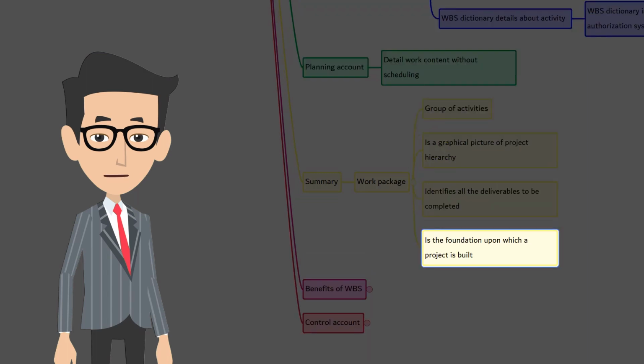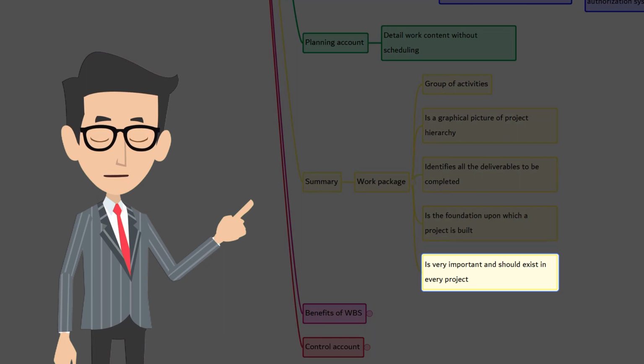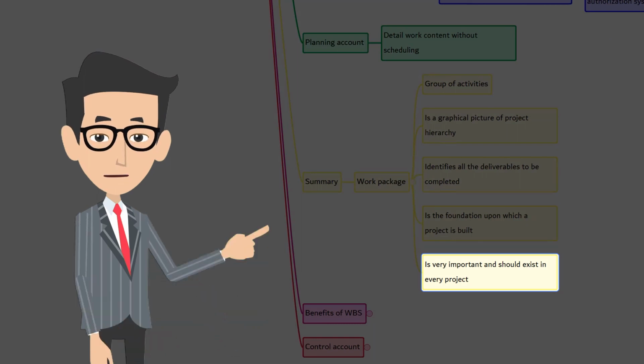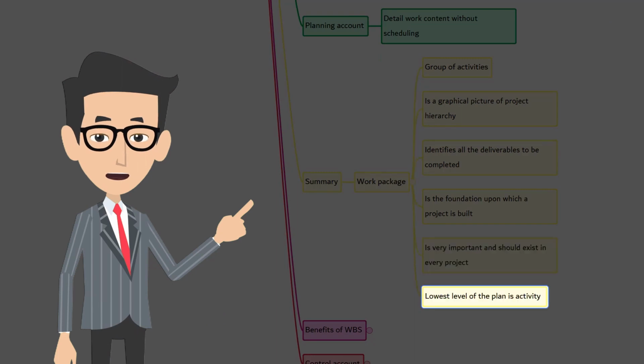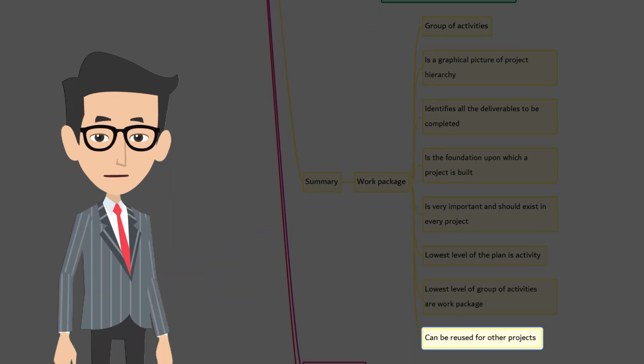It's the foundation upon which the project is built. Work packages are very important and should exist in every single project. One thing you should keep in mind, the lowest level of the plan will be an activity. The lowest level of group of activities are called work packages. Work packages can be reused in other projects as well, but remember, they do not show the dependencies.